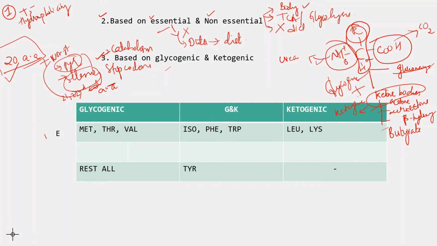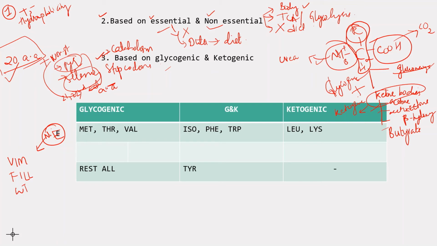So first, if we look at whether it is non-essential or essential. Non-essential means, as we have seen, the body can synthesize it. So all these 8 are essential. I'll give you a simple trick to remember this. It is Vim, Fill, WT.